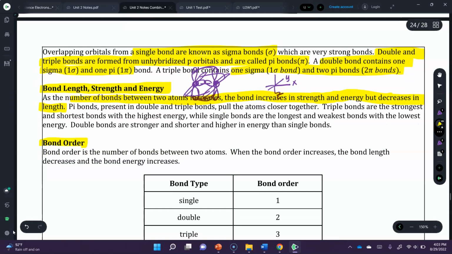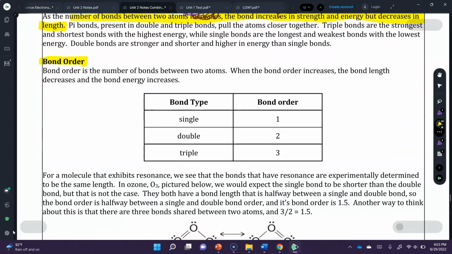Bond order is basically assigning a number to the type of bond that's associated with it. We saw this in section 2.6 when we were looking at resonance and how that averages, and we had an example where it was a bond order of 1.5, because it was averaging the double bond between two locations. Here the bond order is the number of bonds between two atoms.